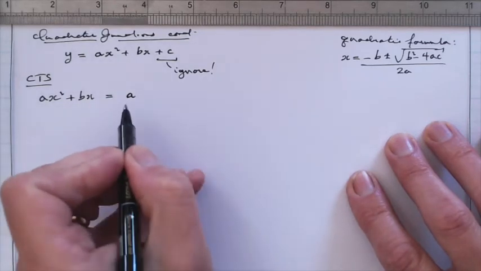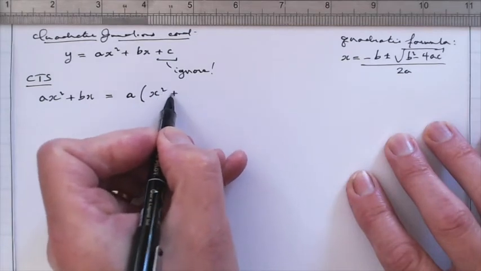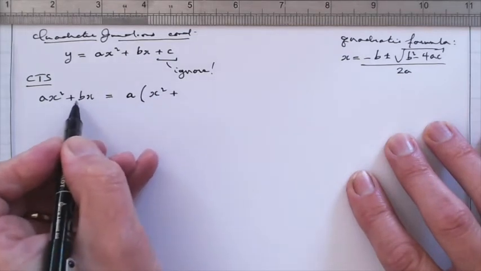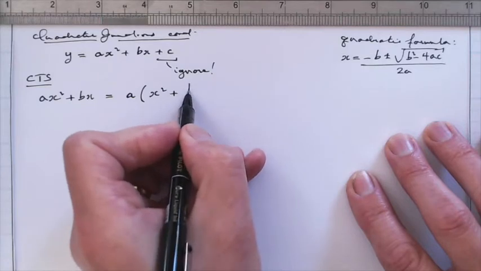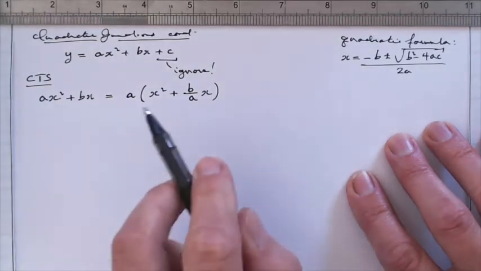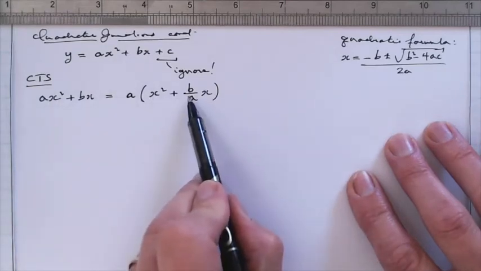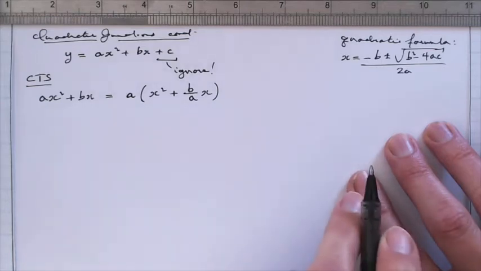We're just going to write a brackets x squared plus, now I want to get bx, so I have to write b divided by a times x. So if I multiply this bracket by a, I get back ax squared, and then here I get back bx.